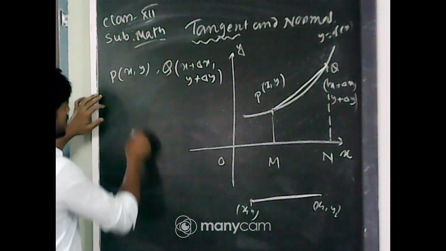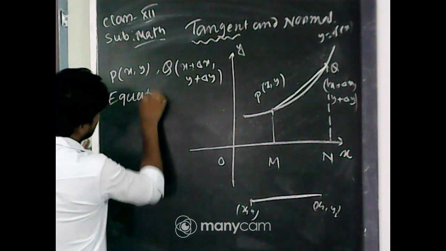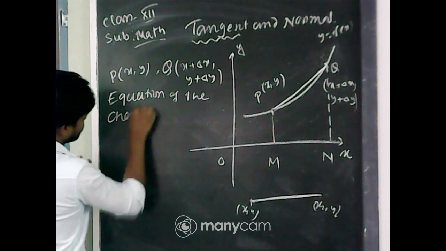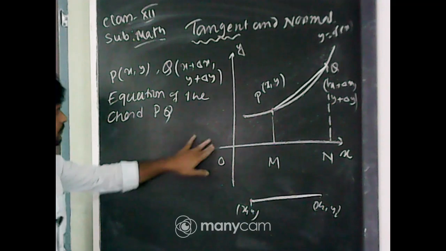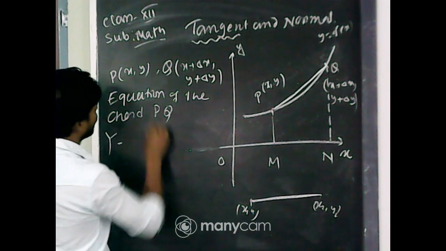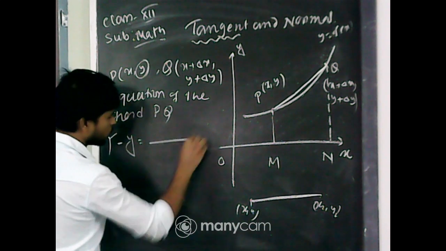So the equation of the chord PQ joining the points P and Q is y minus y1 is equal to m.